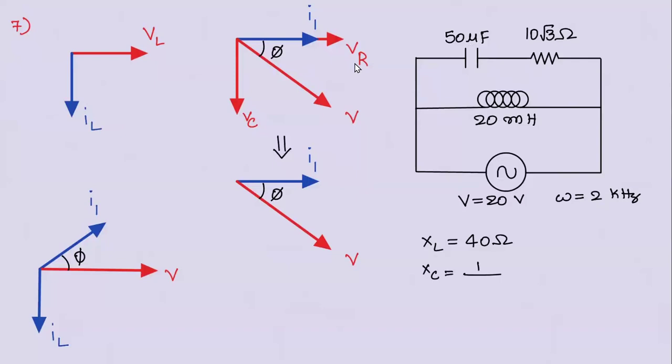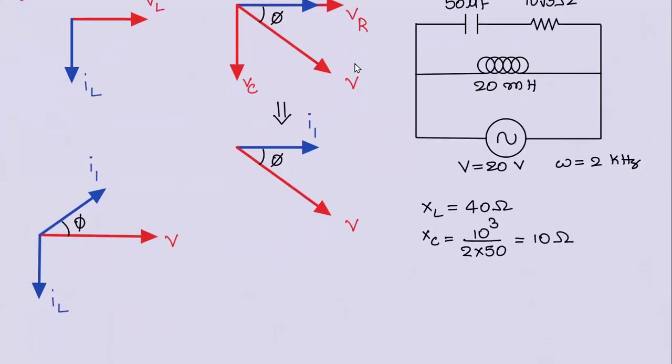So it will be 1 by 2 into 50 into 10 power 3. In the numerator 10 power 3. So 2 into 50, 100. 10 power 3. Okay, 10 ohm. XL is equal to 40. XC is equal to 10. Good.